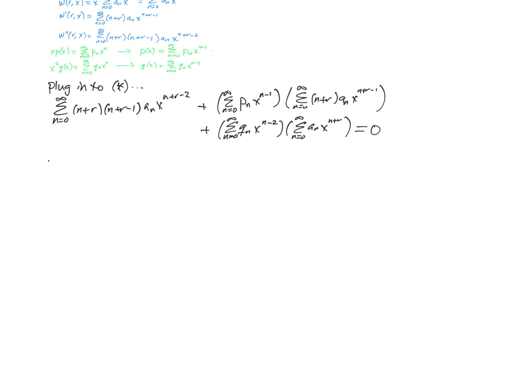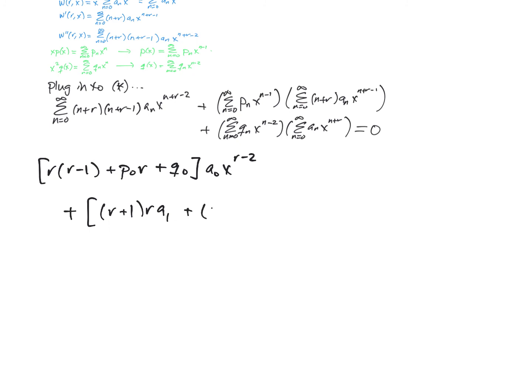You can confirm all the details of this, but it's going to look like this: r times (r minus 1) plus p naught r plus q naught, times a naught, x to the r minus 2, plus our next term, which is (r plus 1) r a 1 plus (r plus 1) p naught a 1 plus p1 r a naught plus q naught a 1 plus q1 a naught, times x to the r minus 1, plus a bunch of higher order terms, and that's all going to equal 0.